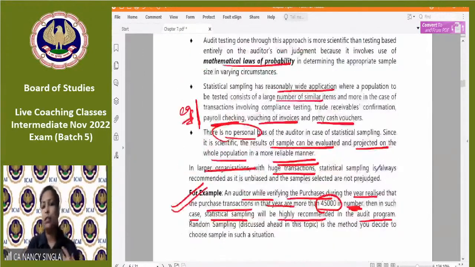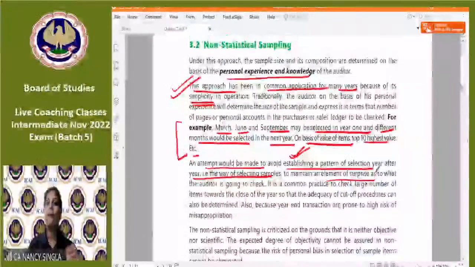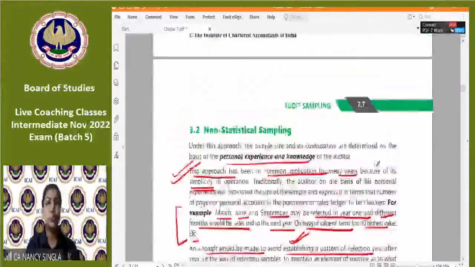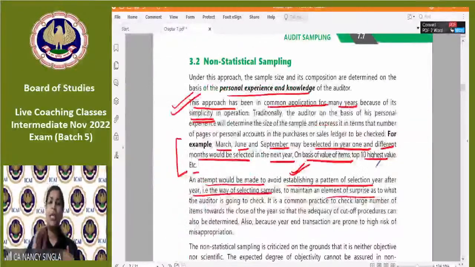Statistical is based on mathematical laws of probability. There is no personal bias. In large organizations with huge transactions, this is the process which is recommended. Okay? What is non-statistical? The sampling method that does not have any of the above features. That is, neither probability theory nor any consideration of sampling risk. It is based on the personal experience, knowledge and judgment of the auditor. Okay?